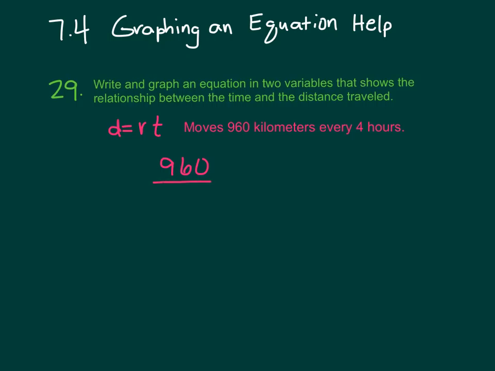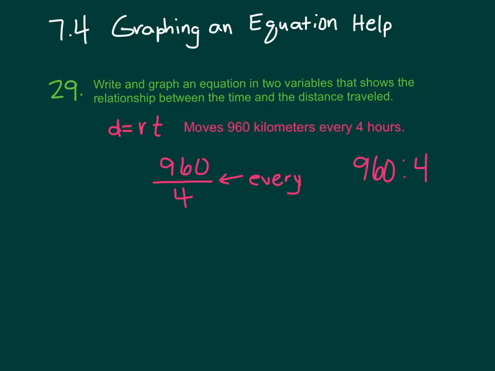As I speak about it, I have to recognize that that line is standing for every. If you go back to when we did rates, you can write a rate like this: 960 kilometers for every 4 hours. I also talked to you about how it's also like a fraction, and that's what we're doing right there.